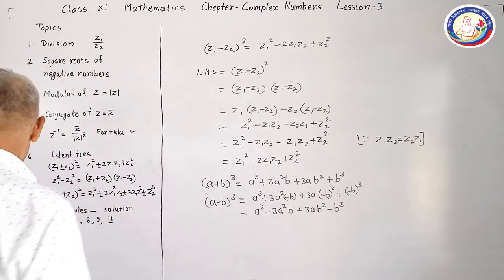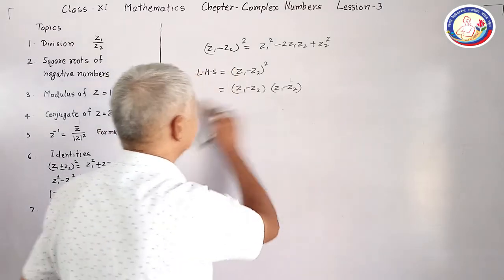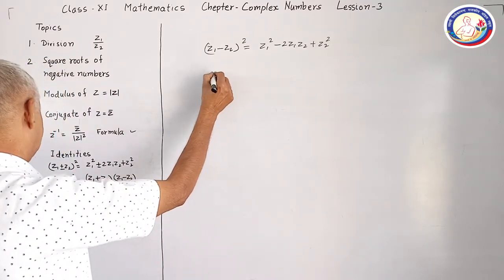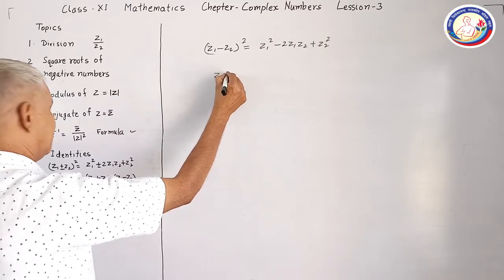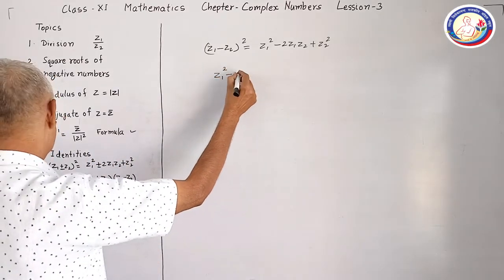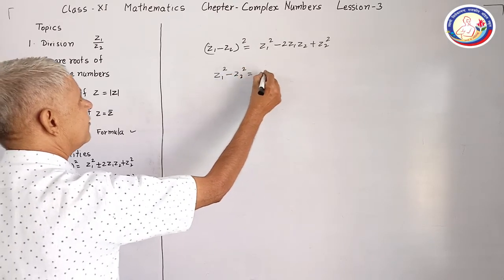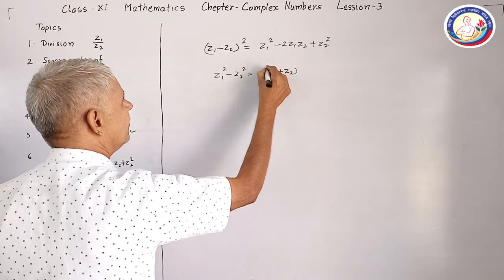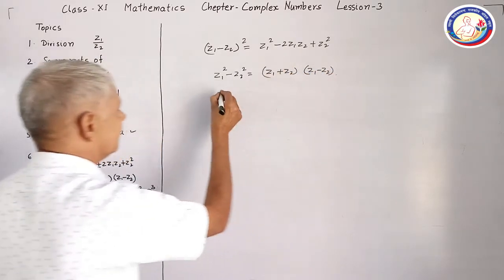Now see this identity. I am taking the right hand side. We can prove it in two ways: z1 square minus z2 square equal to z1 plus z2 into z1 minus z2. How?